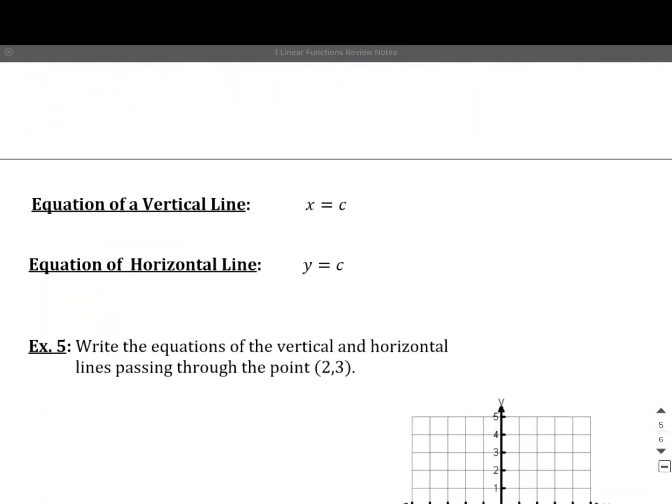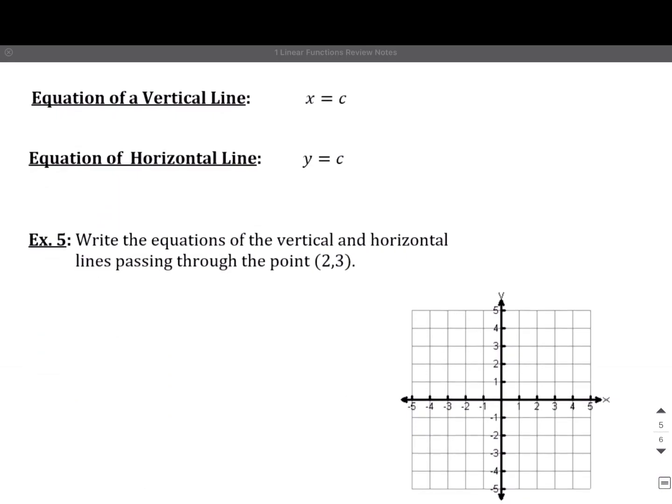Okay, we're almost there. One more thing to review. The equation of a vertical line is x equals a number. That's because a vertical line goes up and down, and anywhere along this line, the x value is the same. Not only that, it hits the x-axis at whatever constant number it's equal to, the x-intercept.